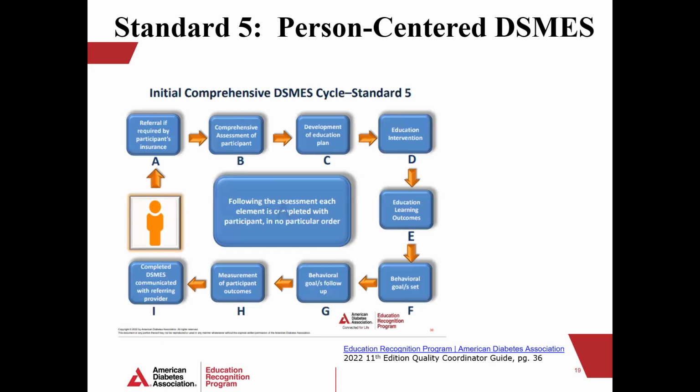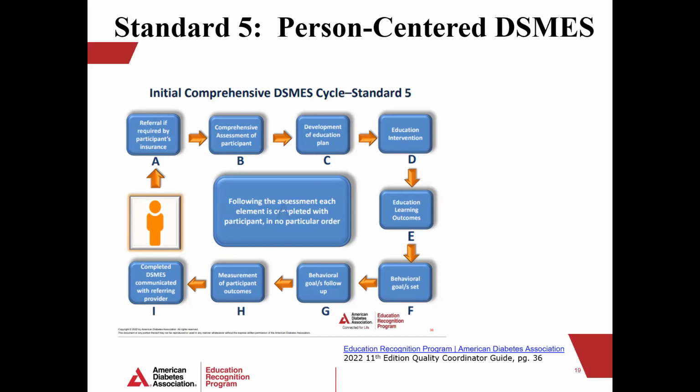This is a great pictograph on the initial comprehensive DSMES cycle. It includes everything beginning with the person with diabetes, the referral, the comprehensive assessment, the plan of care, the education interventions, the outcomes, the behavioral goals that were set, the behavioral goal follow-up and outcomes, additional measurements, and then communication with the referring provider at each intervention.